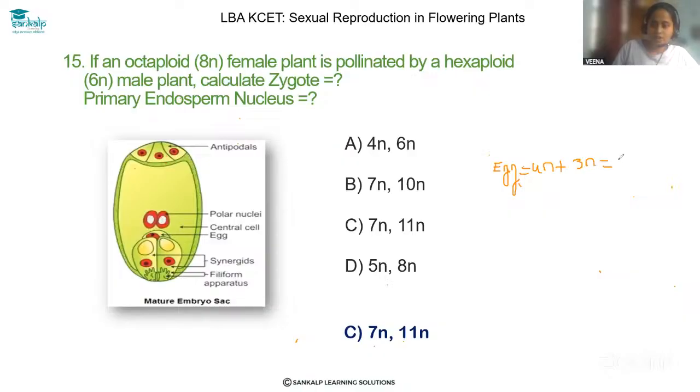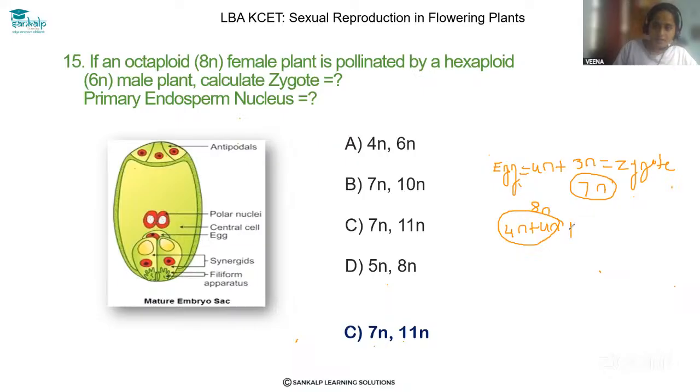So the zygote will be 4 plus 3, 7n. And then in case of octaploid, the polar nuclei will be 4n plus 4n, total 8n.